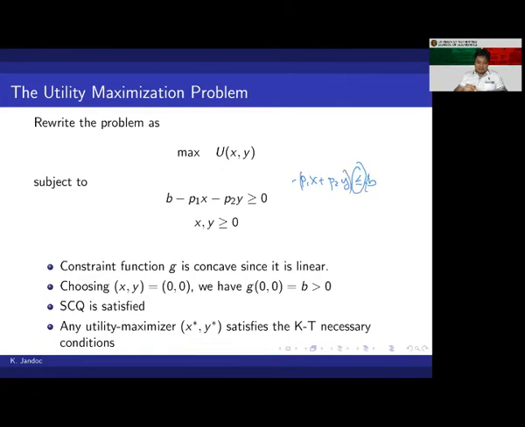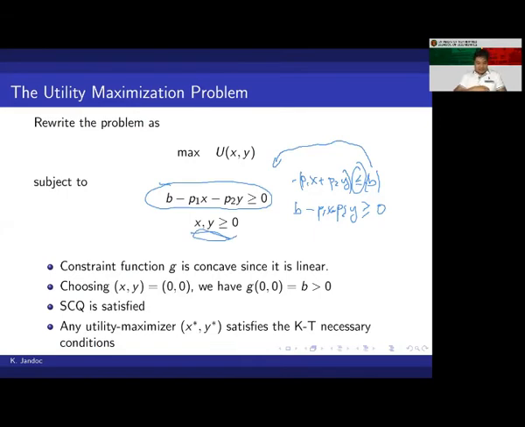So we have negative b over here. When we bring it to the other side, we have b minus p1x minus p2y, greater than or equal to 0. So this is how we transform this budget constraint. We still have the non-negativity constraints here.